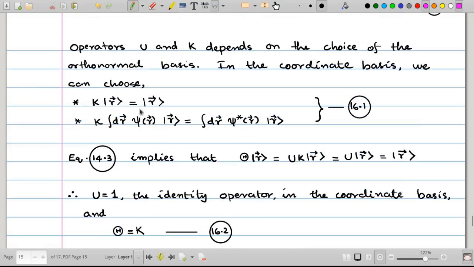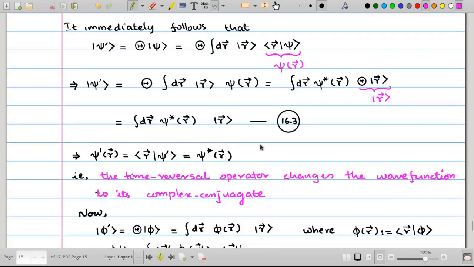So we have a situation similar to this equation, a linear combination of the position eigenvectors and the action of theta on such a linear combination. So that gives psi dash as integral over dr, then psi r will be changed to psi star r, the complex conjugate, and theta acting on ket r does nothing to r, because theta acting on r is the position eigenvalue r itself. Therefore, psi dash is written as integral over dr psi star r, then the position eigenket r.